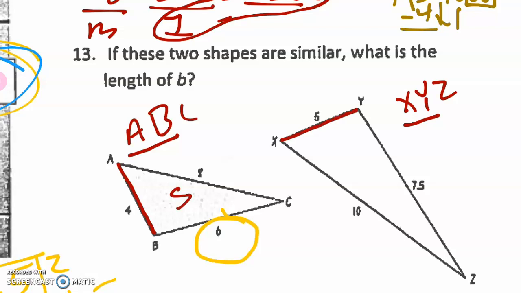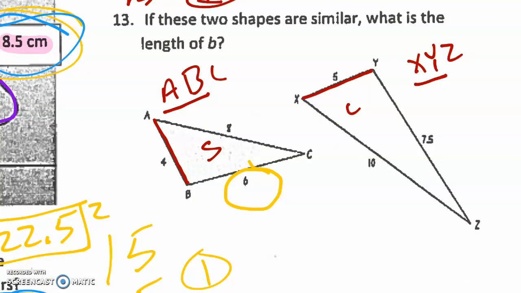We have a small triangle and a large triangle. Small triangle, large triangle. AB on the small is 4, XY on the large is 5. That also means BC and YZ will also correspond.